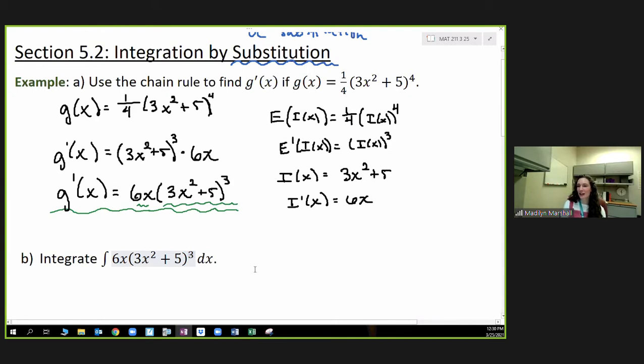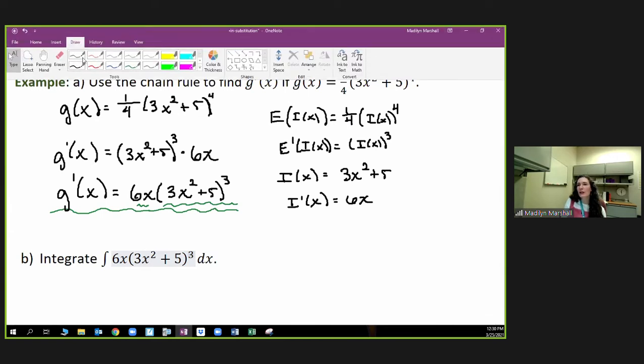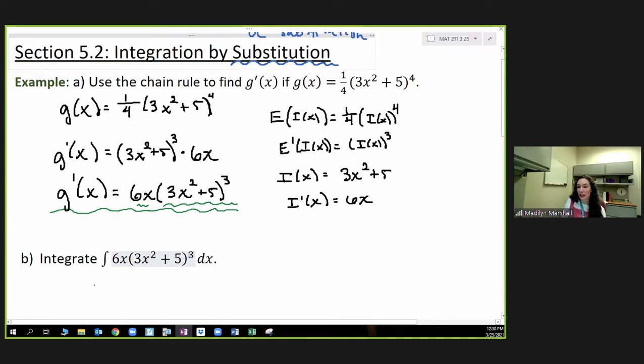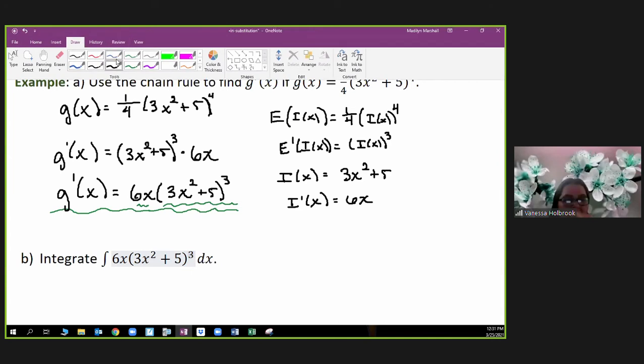We're trying to integrate the thing that we just got as our answer in the first part. We don't actually have the technique to do this yet, but we can do a little bit of thinking about what integration and derivatives do. This whole thing is g prime.